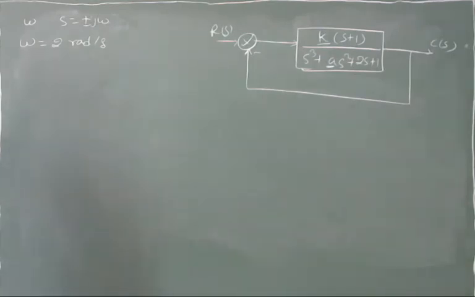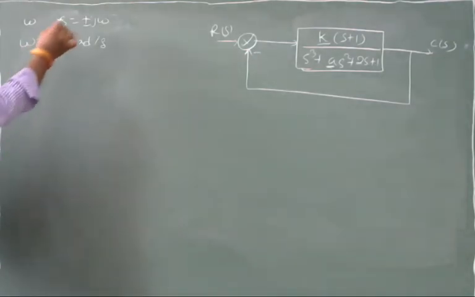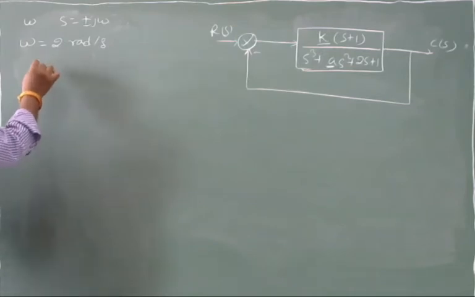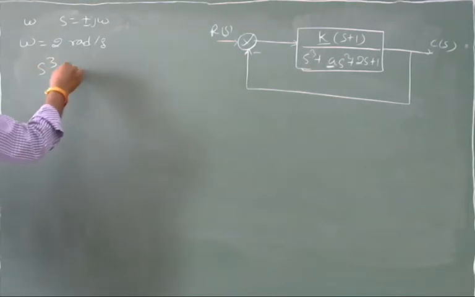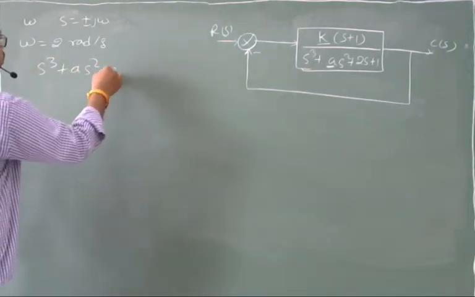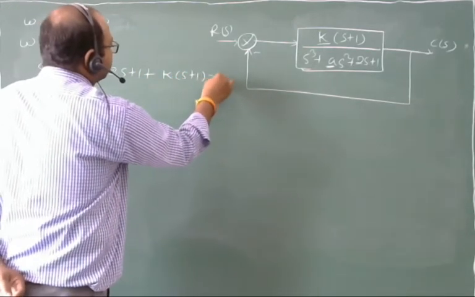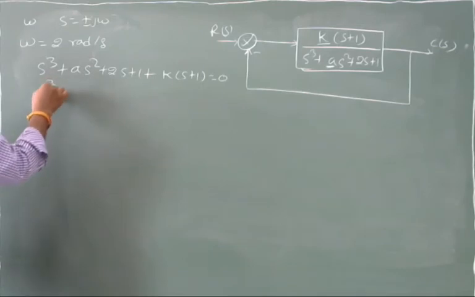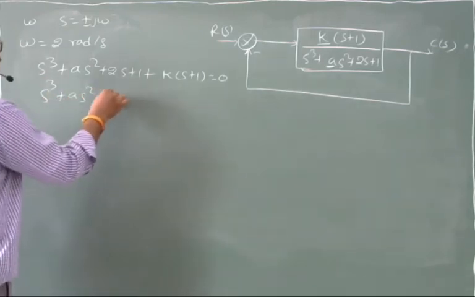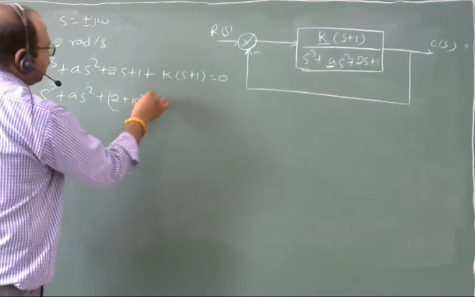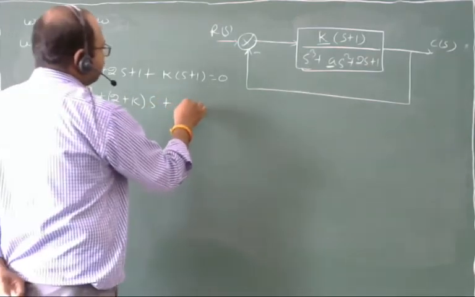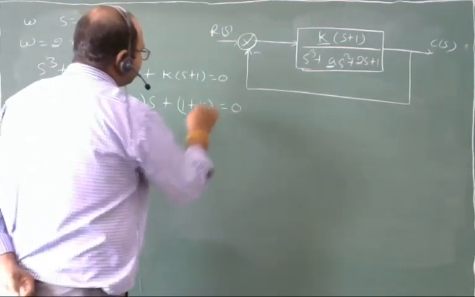We have to calculate the point of oscillation, the frequency of oscillation, right? So for that, first of all, find the characteristic equation, and the characteristic equation will be s cube plus a s square plus 2s plus 1 plus ks plus k is equal to 0, or s cube plus a s square plus (2 plus k)s plus (1 plus k) is equal to 0.